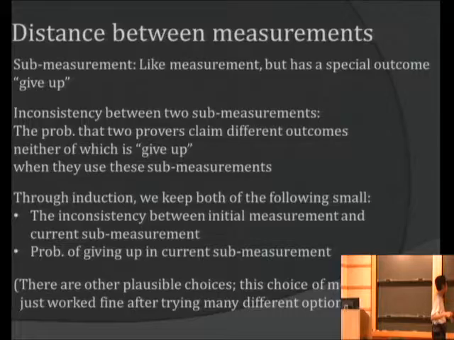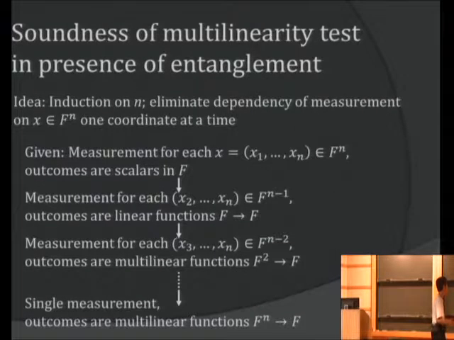And in each step, we allow a measurement to give up. So we add one special string, which means this virtual strategy gives up in doing anything useful. And we have to create this measurement from these measurements without affecting the outcome too much.